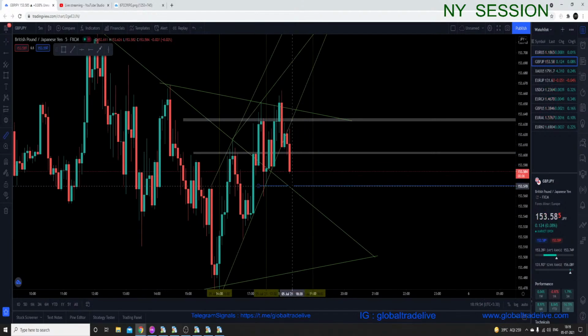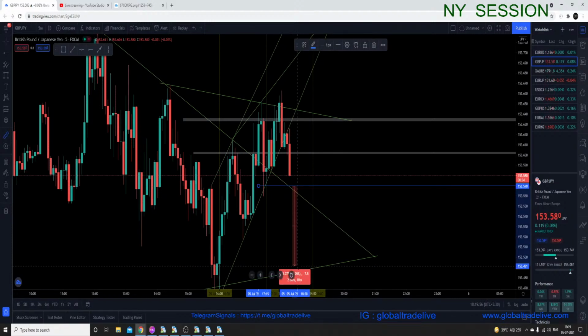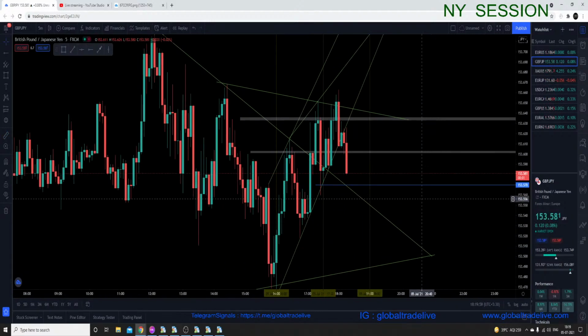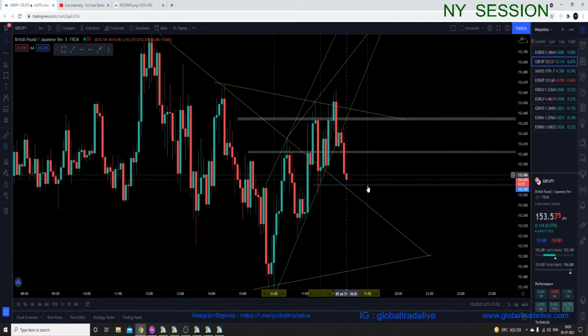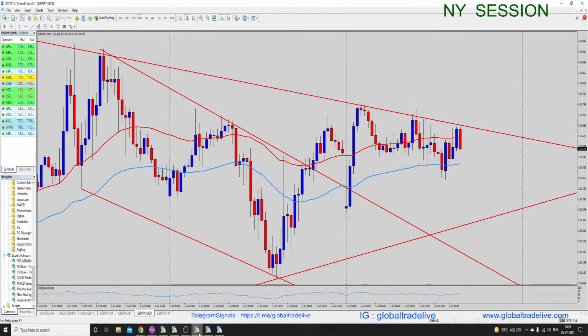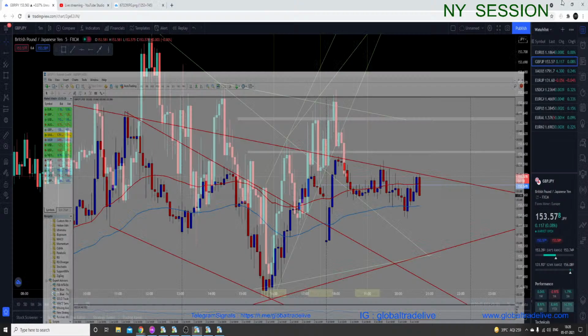Even if it breaks this low and starts to go down, I really can't do anything, because it was creating higher highs and higher lows, and now this candle is going down. So I really need another bullish candle and then a bearish candle forming, because it can also reject this area in the last 10 minutes and close outside this range.